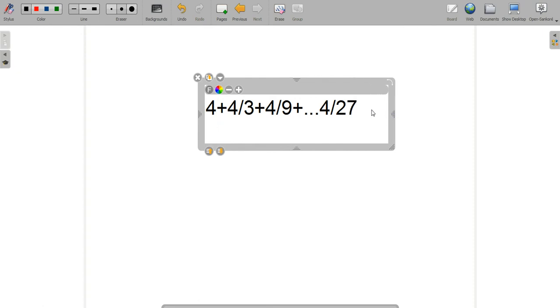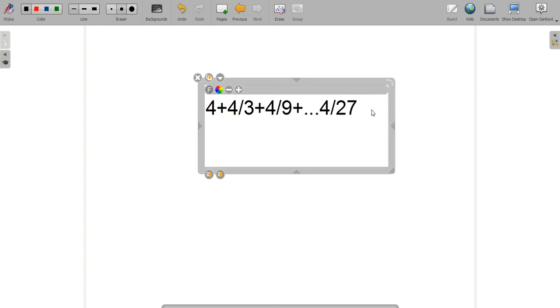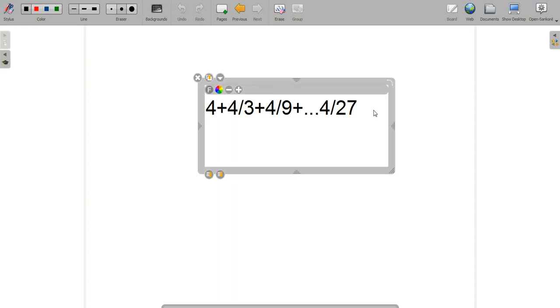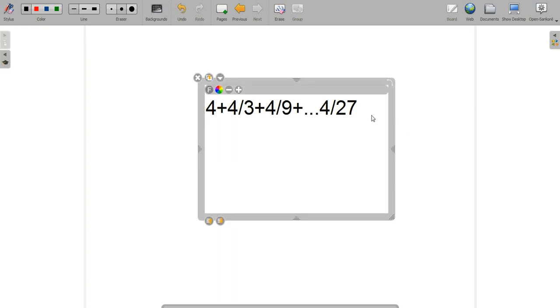Well, this is basically just the same thing as this. All you're really doing is adding and multiplying an a times the r raised to the 0 or whatever.